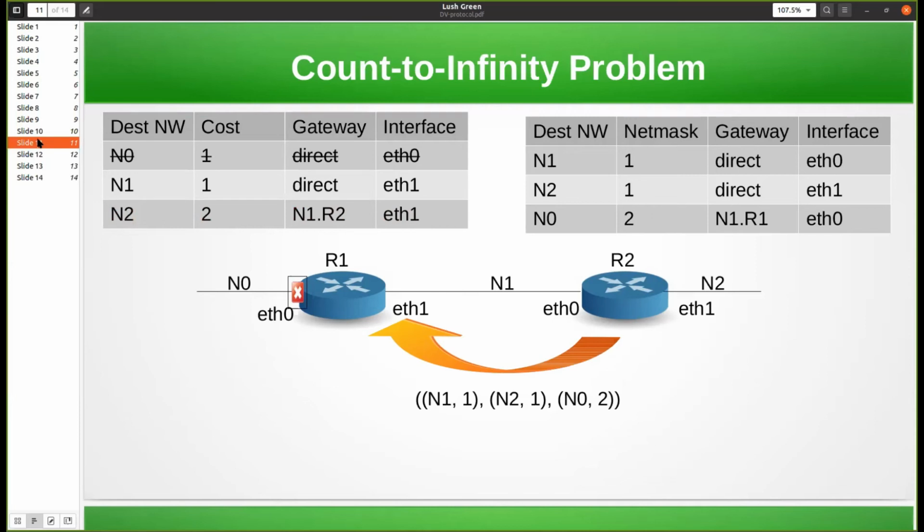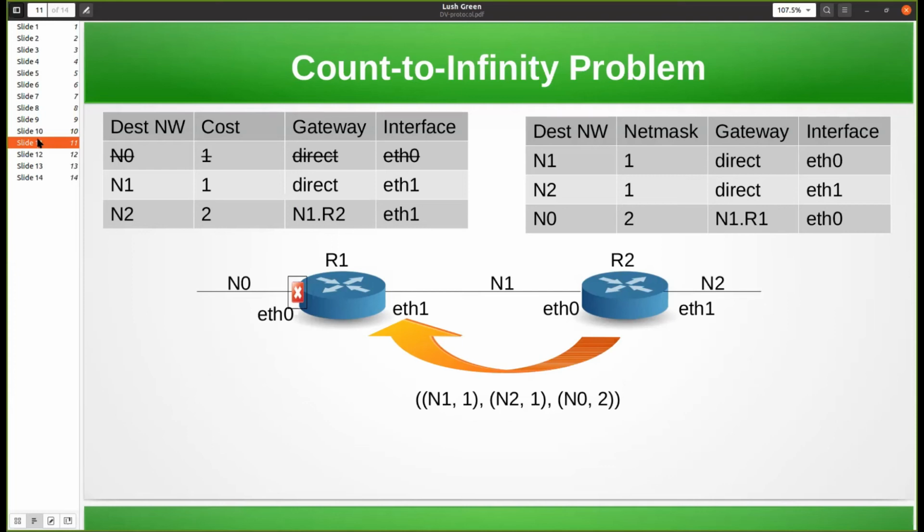Yeah. What happened here? The problem is that R1 has lost its connection to N0. It lost its connection to N0 either because the network interface card of R1 which connects to N0 went bad, cable went bad, all sorts of different things that we talked about yesterday.